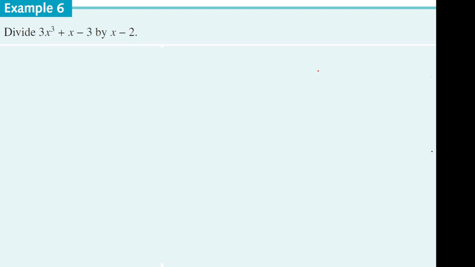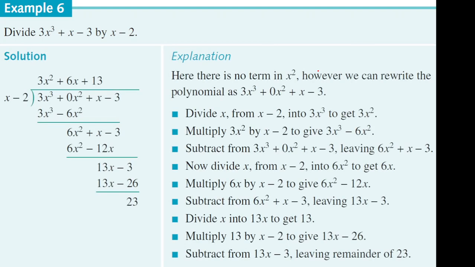Alright, here's another one. Again, pause the video and have a go at this. And similarly to that, I know the explanation is very long, but every dot point is highlighting what you need to be doing. So let me do the first three as it gets repetitive.